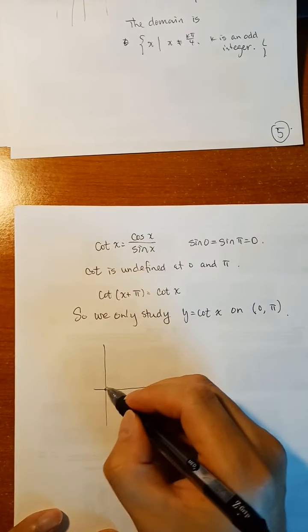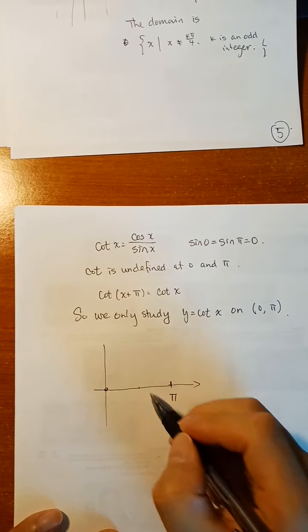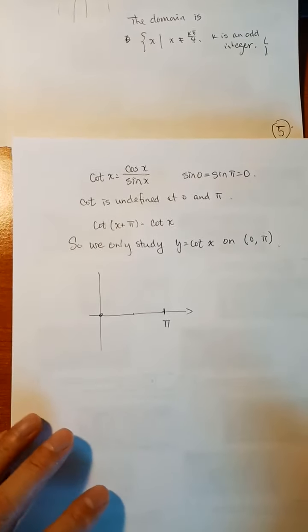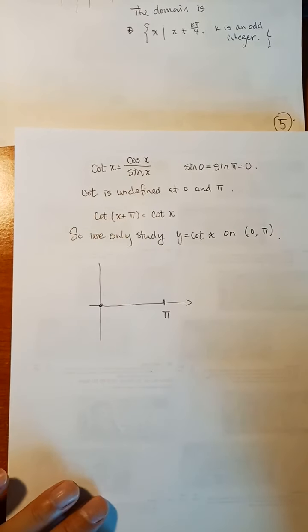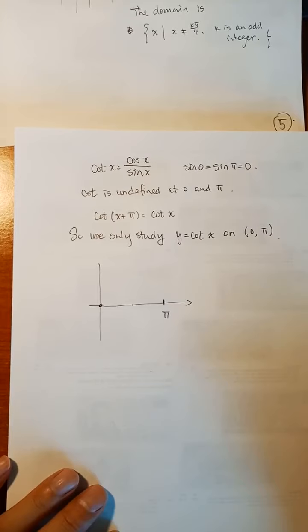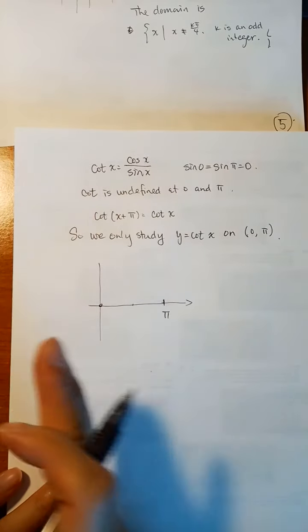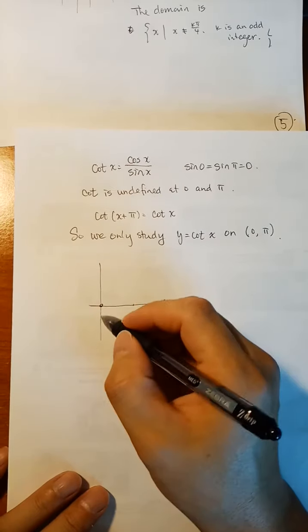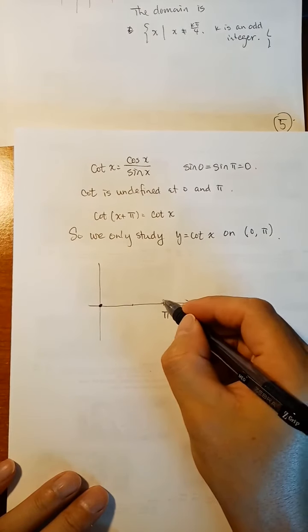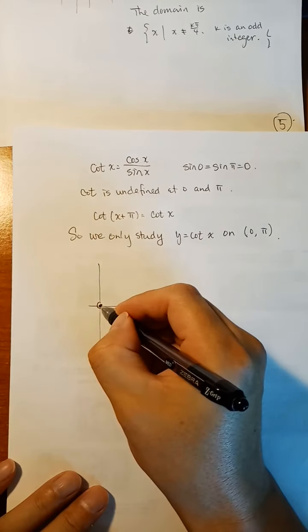So in this part, we will have the following table. It's not like the tangent function. The tangent function has a symmetric part. Here it's not symmetric. So we have 2 circles here, for the undefined points.